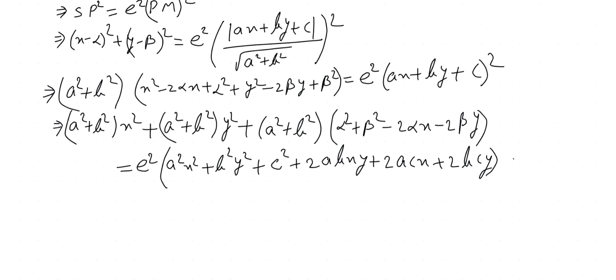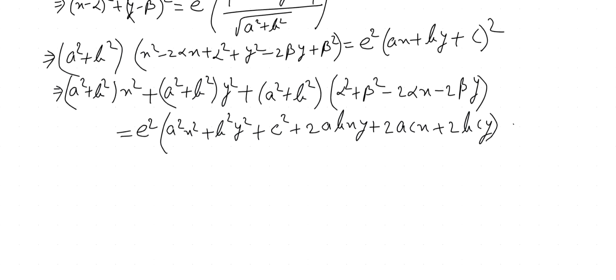If we notice the other terms, whatever is there, but the coefficient of x square: only two terms are there, here and here. Y square also has only two terms, here and here. And xy has only this term.